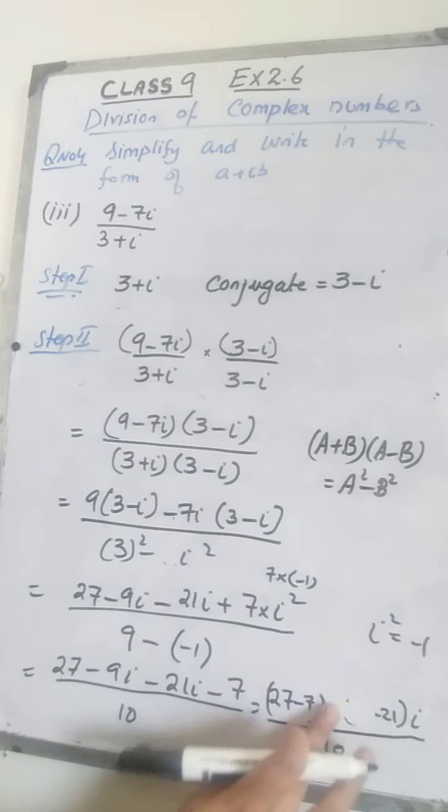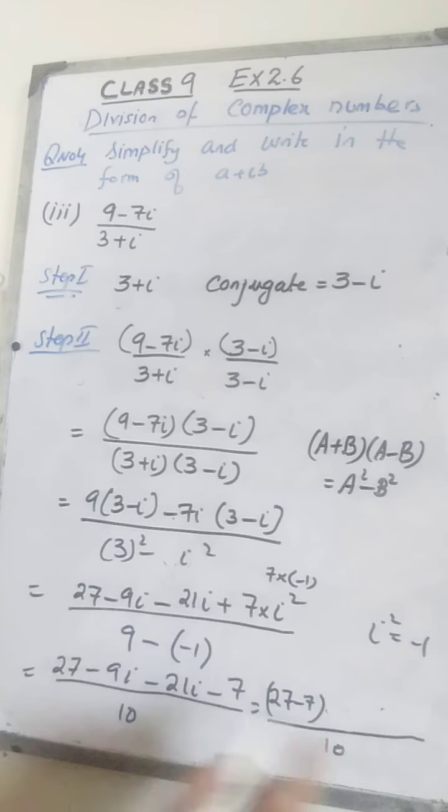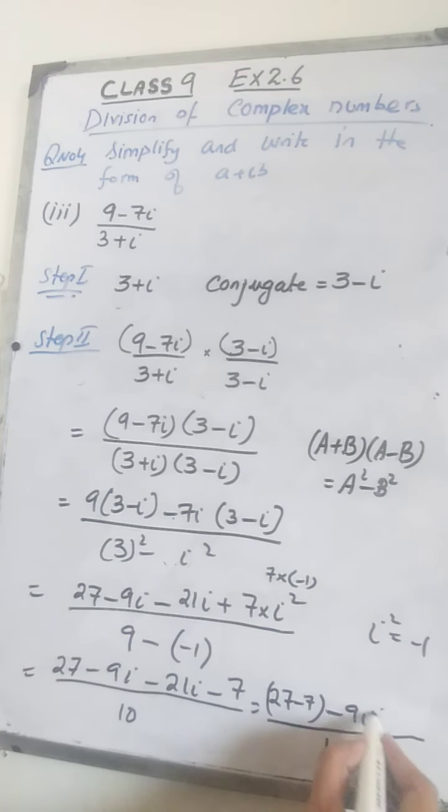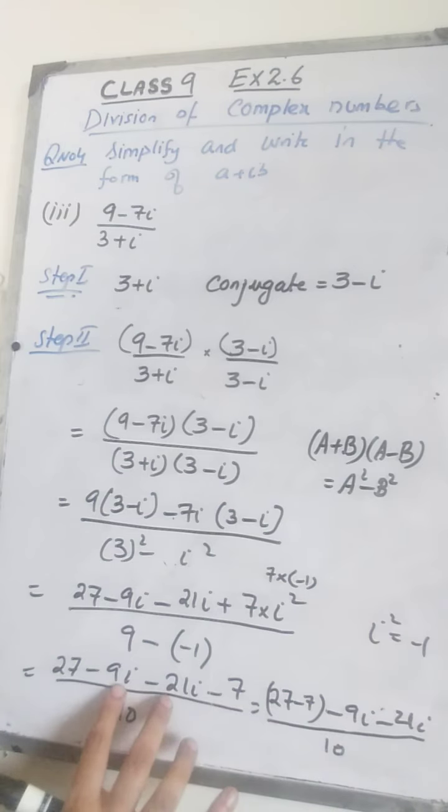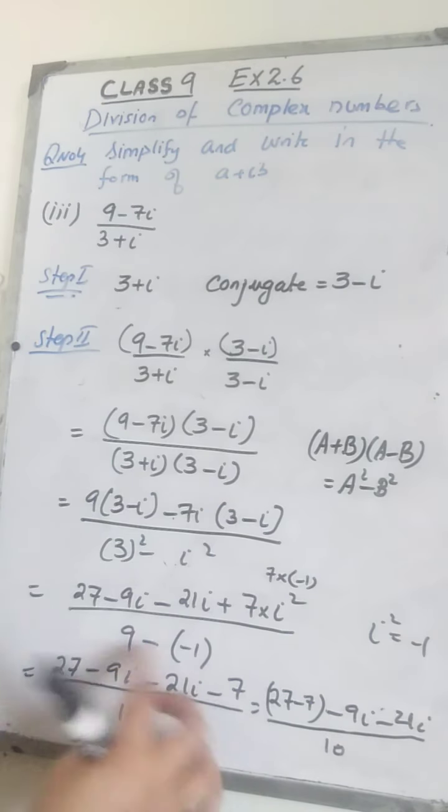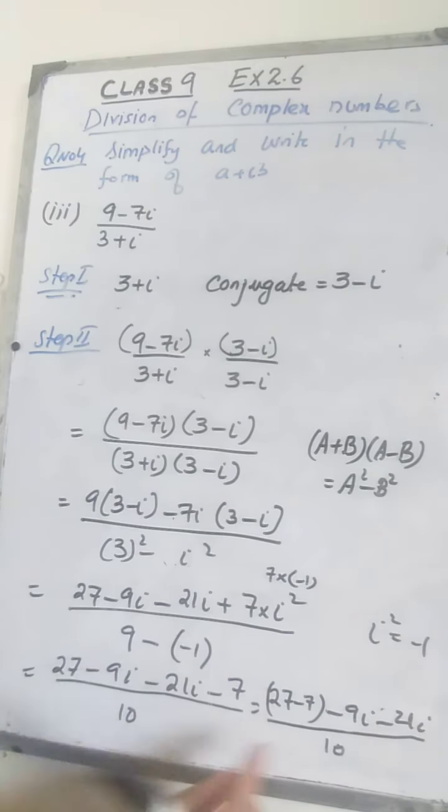Or if you are getting confused, we can write it in a simple way: 9 iota minus 21 iota. Just bring this minus 7 near 27. Combine the real parts and the imaginary part.